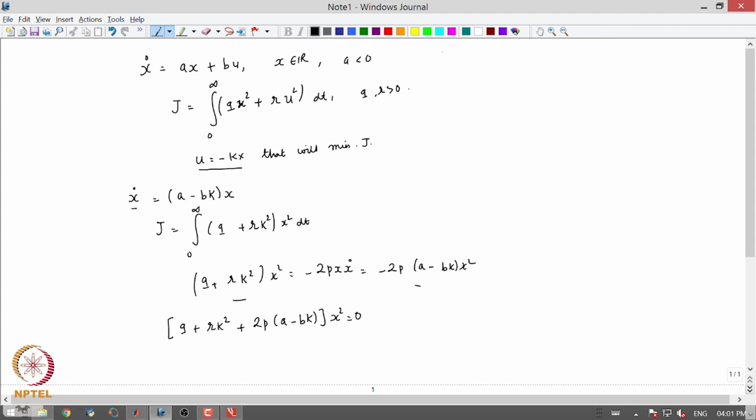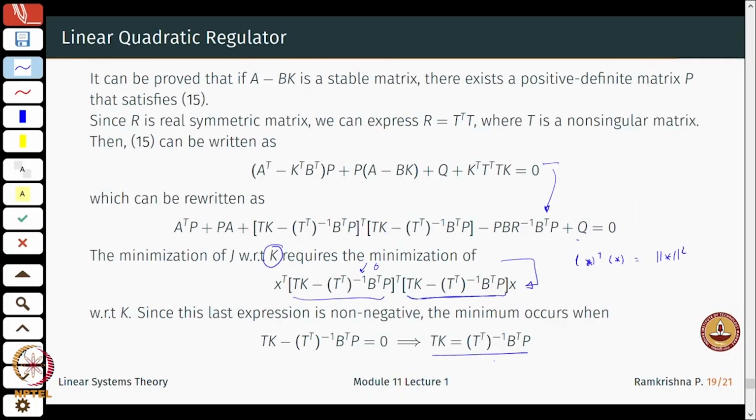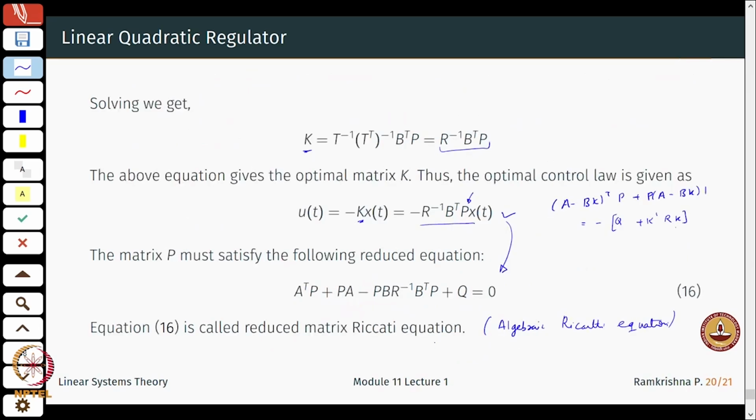Now for this to hold for all non-zero x, what we require is that q plus r k square plus twice p a minus bk equals 0. Right. This is just the scalar form of the Riccati equation that we derived. This one. Right. So A transpose P plus PA will be twice pa and so on.